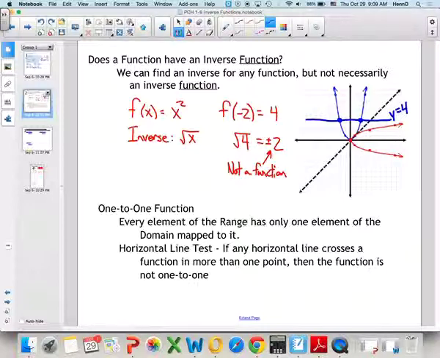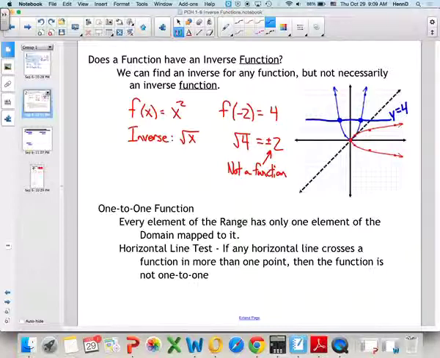The easy way to see this is the horizontal line test. Just like we had a vertical line test to see if things were functions, we can use a horizontal line test to tell whether its reflection across the line y equals x will be an inverse function.